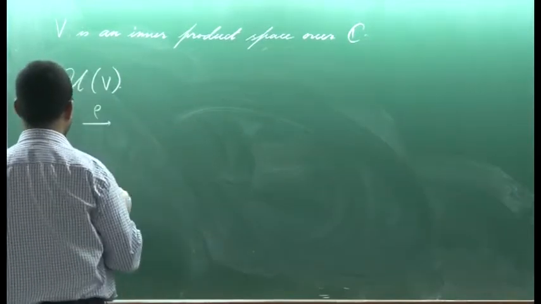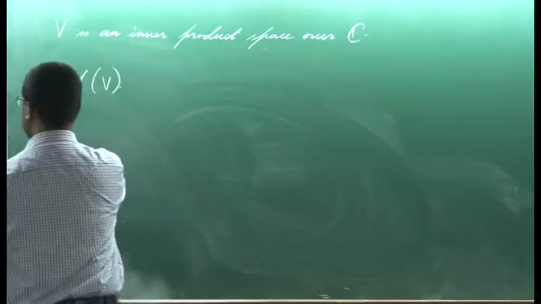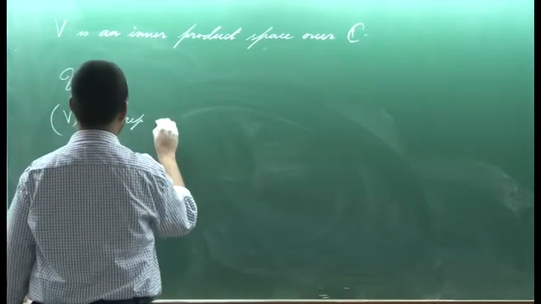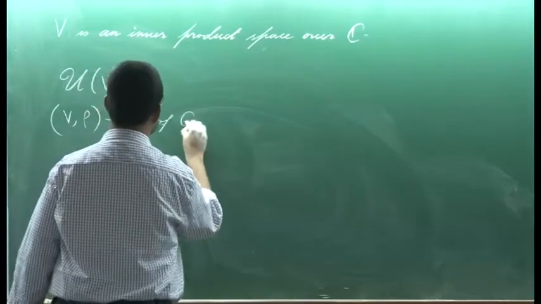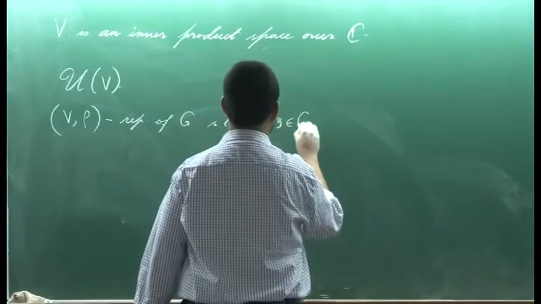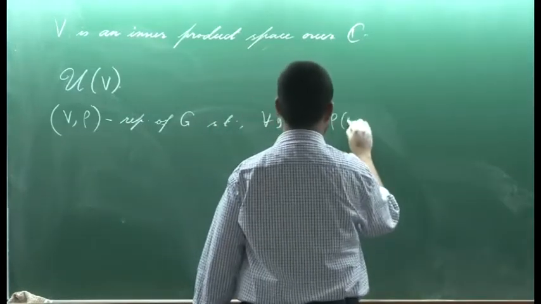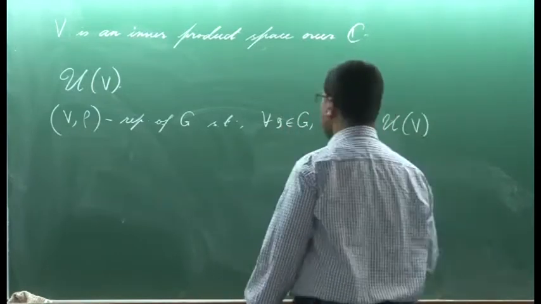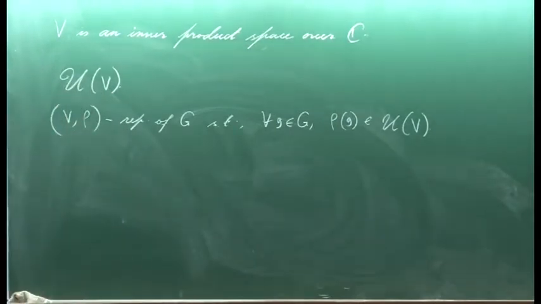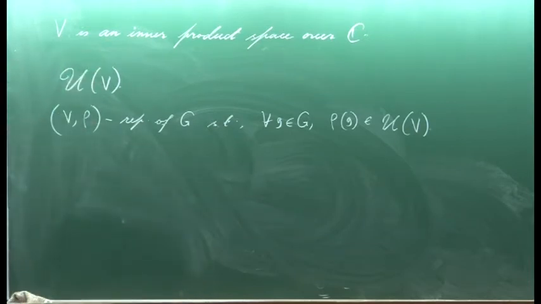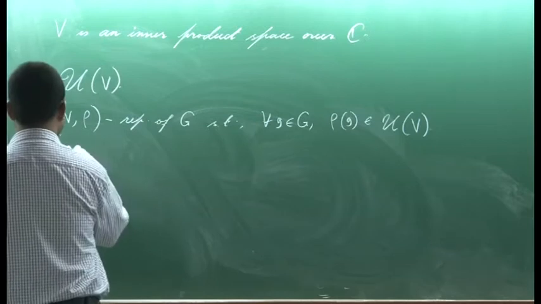So if we have a representation rho of a group G such that for each small g in capital G, rho g lies in U(V), that is, all the operators that the group elements are producing are invertible unitary operators, then we say that the representation is unitary.